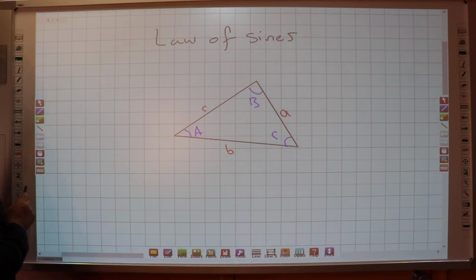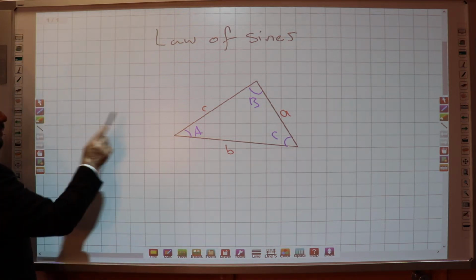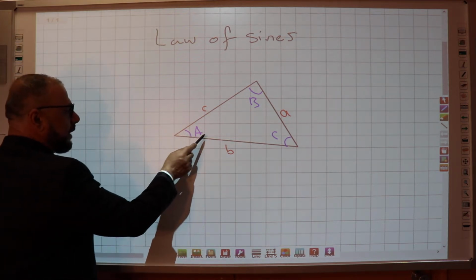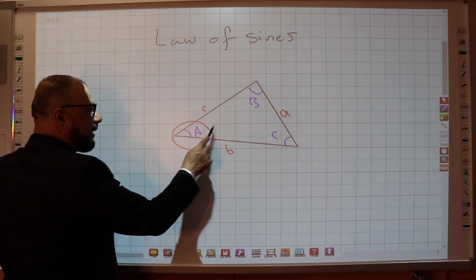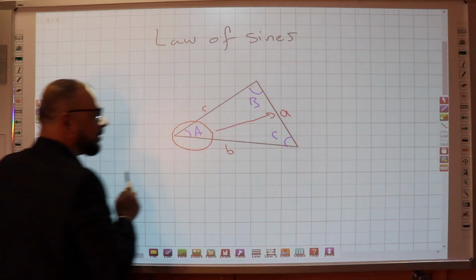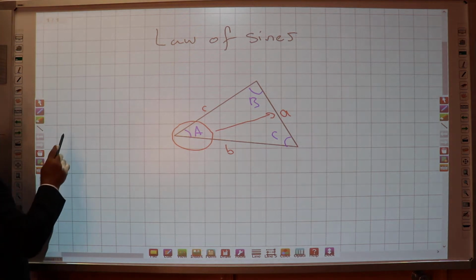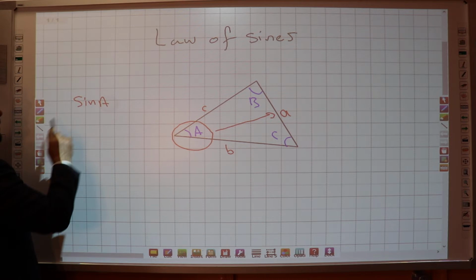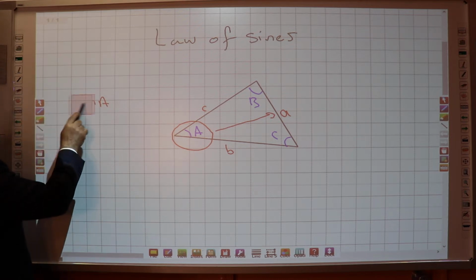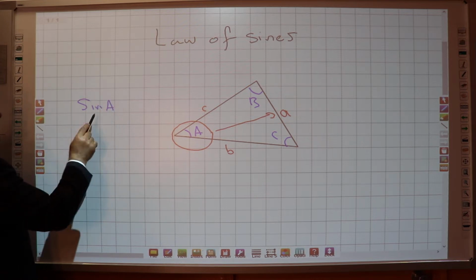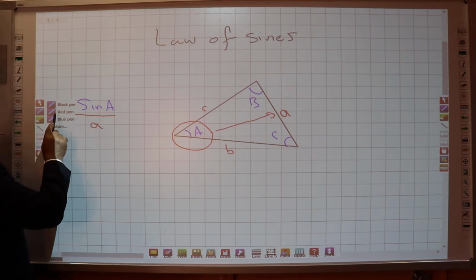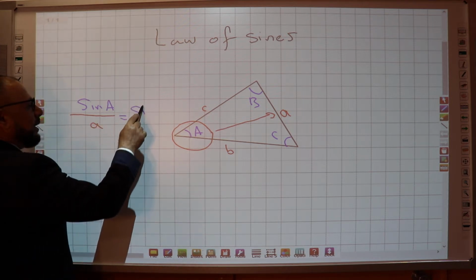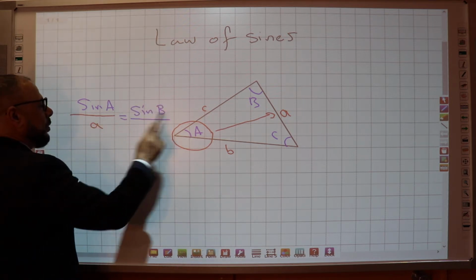The law of sines states that the ratio between the sine of any angle and the length of the opposite side is the same. What I mean by this: if you take sine A over a, it should be the same as sine B over b.